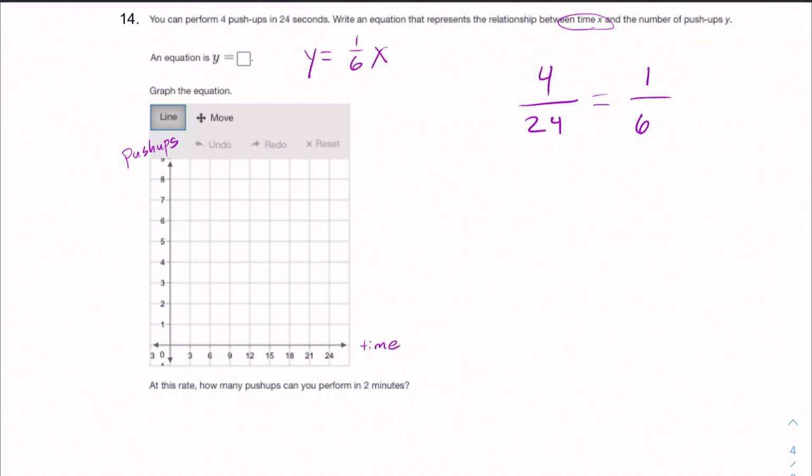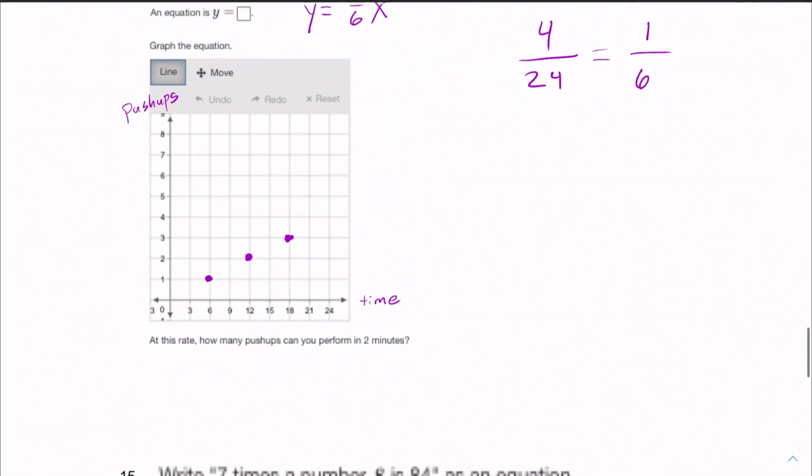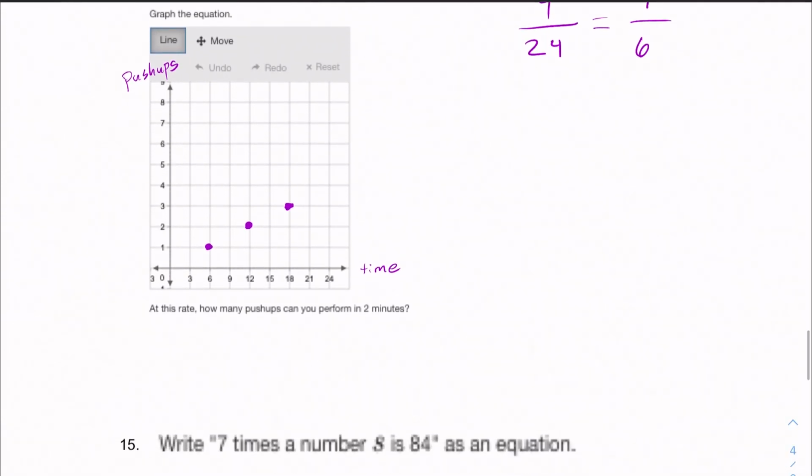So when 6 seconds go by, I do 1 push-up. 12 seconds is 2 push-ups. And 18 seconds is 3 push-ups, and so on. So now I can graph this. Oh, that line didn't work. Hold on. That one's a little bit better. So there's my line.